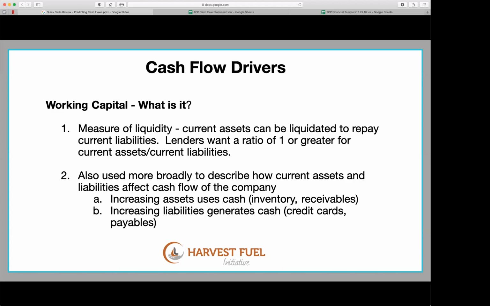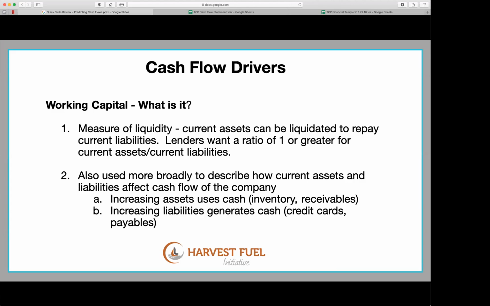Working capital also isn't just used in that static sense of how my assets compare to my liabilities. It's also used more broadly to describe how current assets and liabilities affect the cash flow of the company. You often hear people talking about a working capital line of credit. That helps you fund your balance sheet, and the mismatch between when I have to build and when I have to sell.